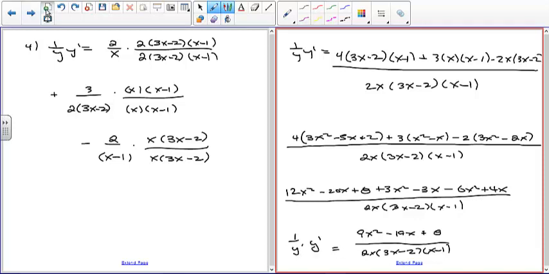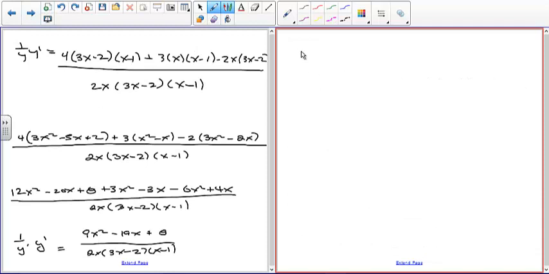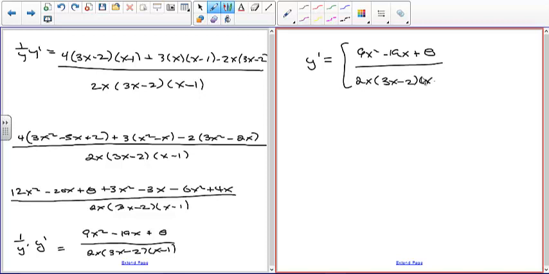And then finally, what we do is we multiply both sides by y. So we get y prime is equal to this whole big thing, 9x squared minus 19x plus 8 divided by 2x times 3x minus 2 times x minus 1, the whole thing times y. And then we go back and figure out what y is.